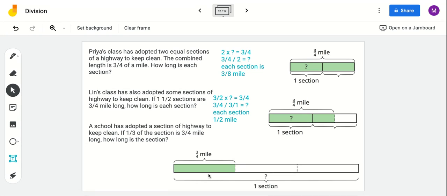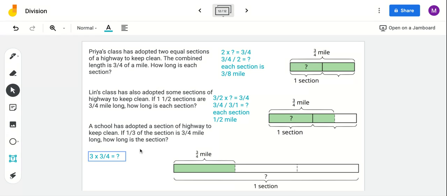All right, so multiplication and division problems again. In this case, we have 3 sections. We can see that we have 3 sections, and each section is 3/4 of a mile, and that equals the total length altogether, and we don't know what that total length is.